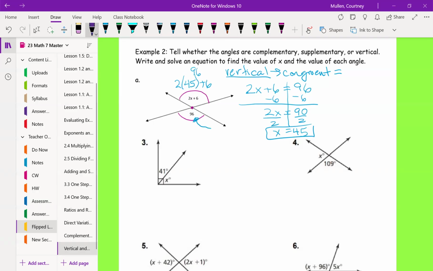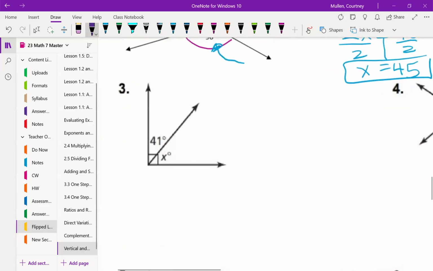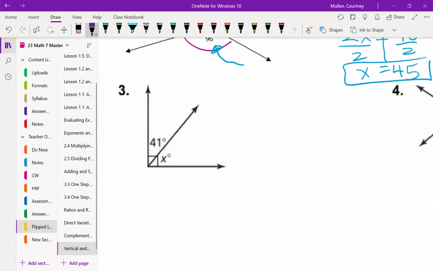Now let's take a look at number 3. So these two angles share what? A vertex and a side. So these are adjacent, next to each other. But we know that that doesn't give us any mathematical information. So these angles are also another classification, complementary, like we learned in the last lesson.